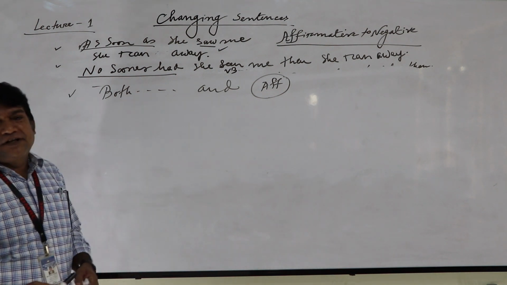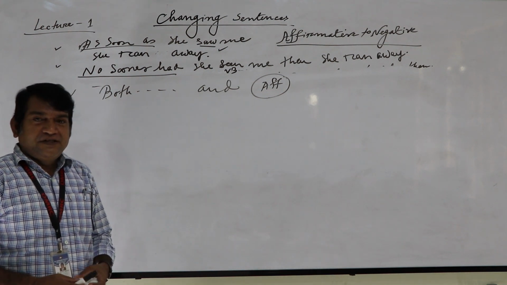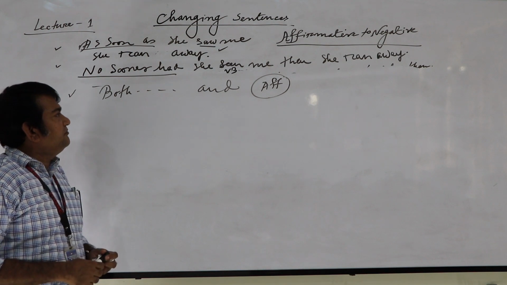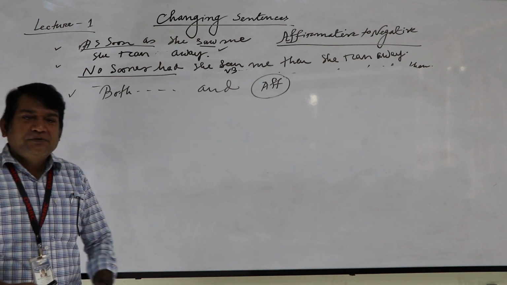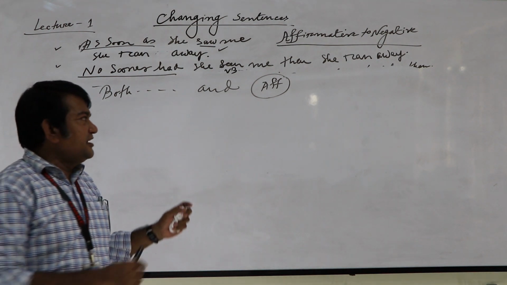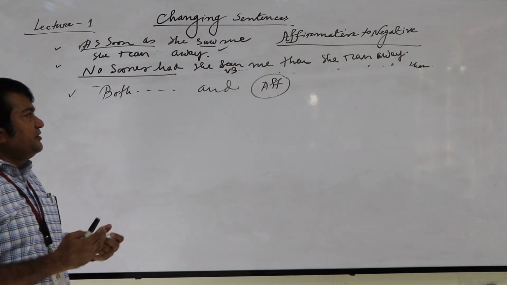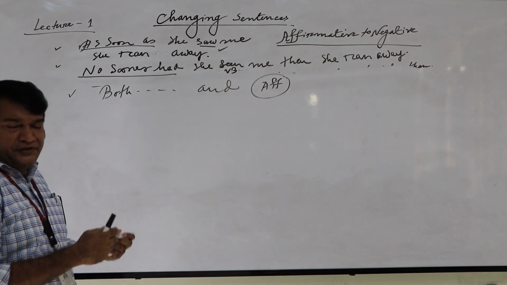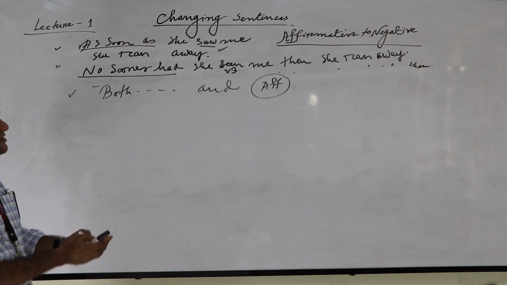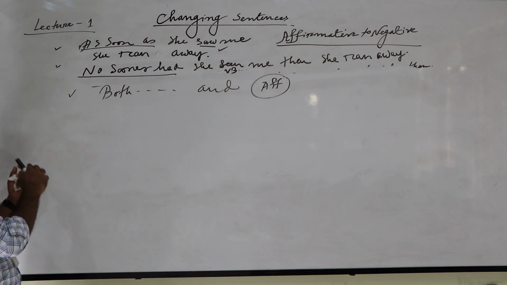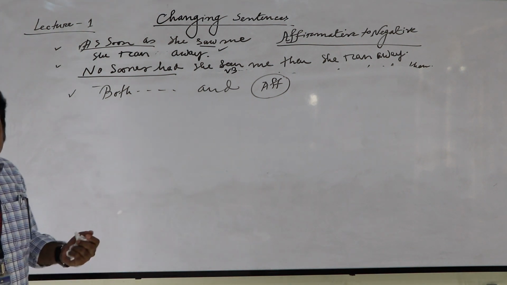So my dear students and the viewers, you must be very careful and follow these certain rules when you go to change this kind of affirmative to negative or negative to affirmative. You use the opposite words or components or ways just to change negative to affirmative or affirmative to negative.